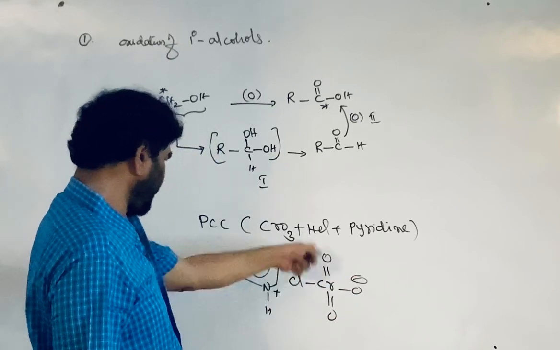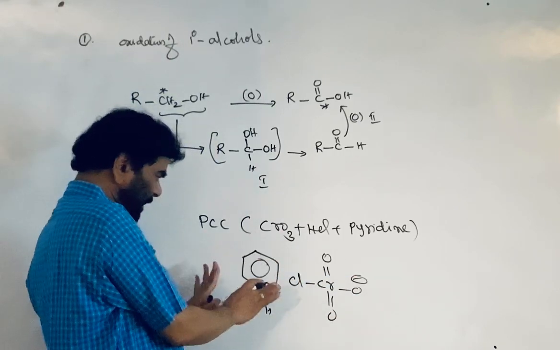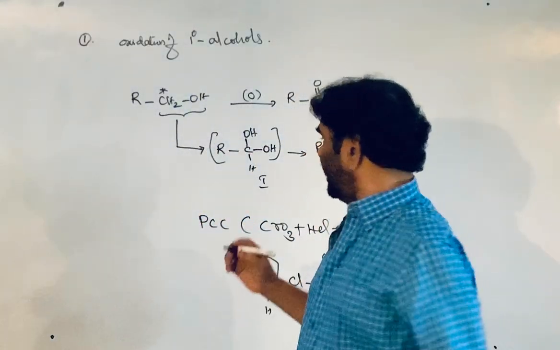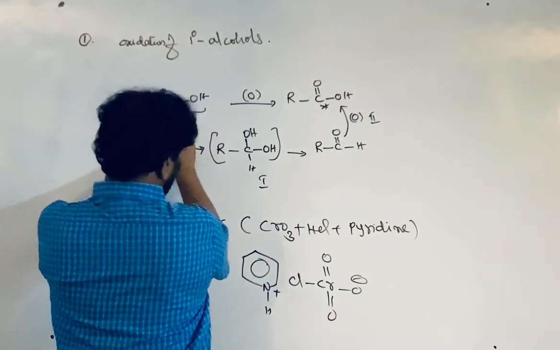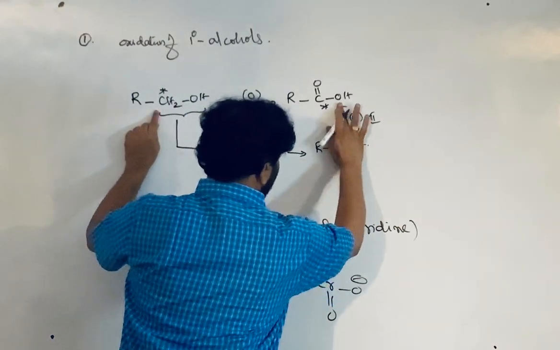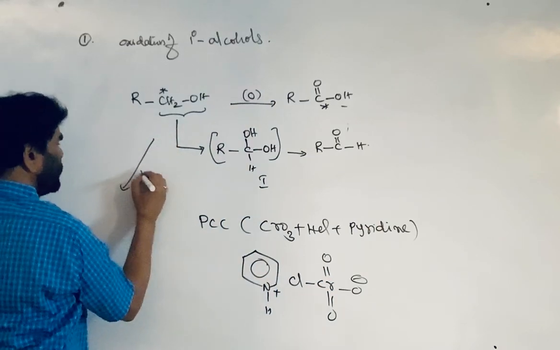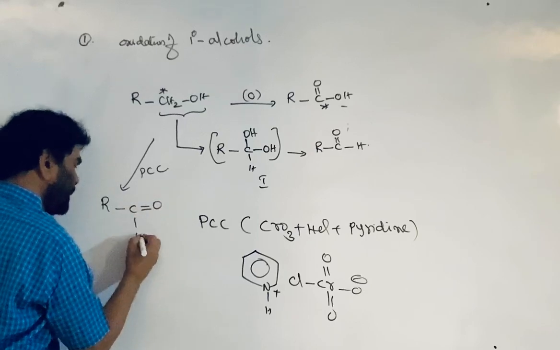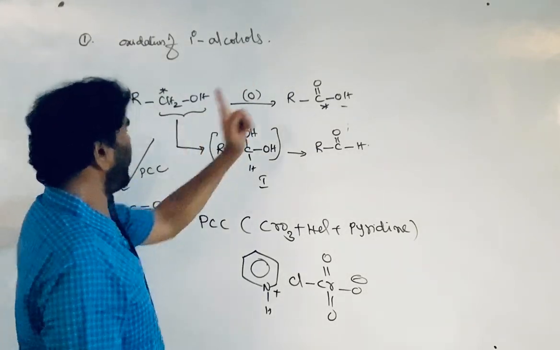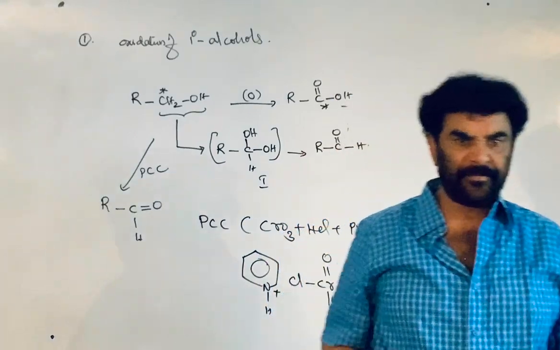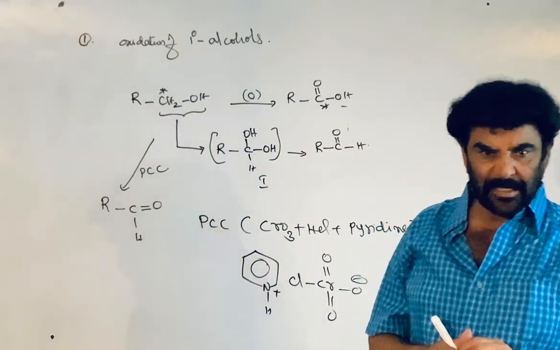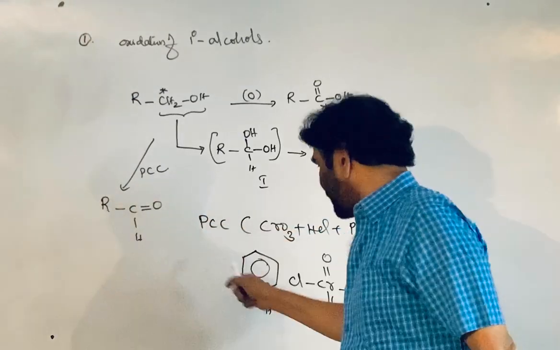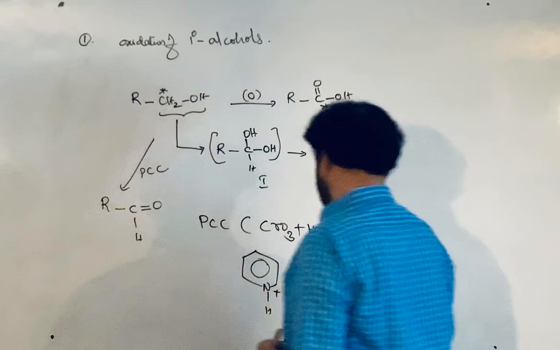This is pyridinium chlorochromate, a mild oxidizing agent. If PCC is used, the primary alcohol is oxidized only to the aldehyde. It cannot oxidize the aldehyde further into carboxylic acid. So, if you want to convert the primary alcohol into only aldehyde, you have to use pyridinium chlorochromate.